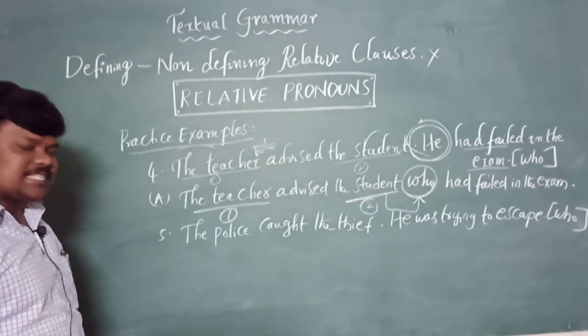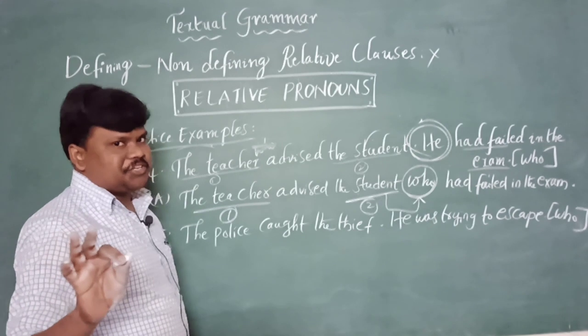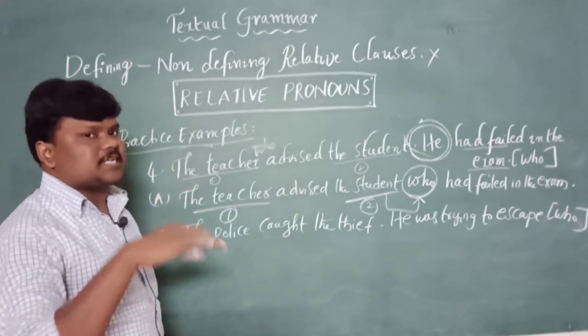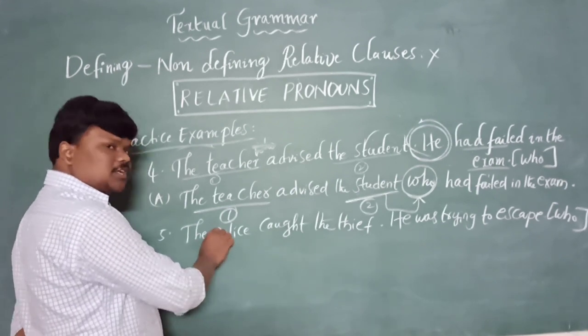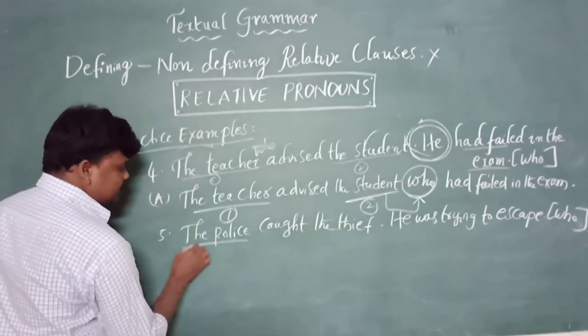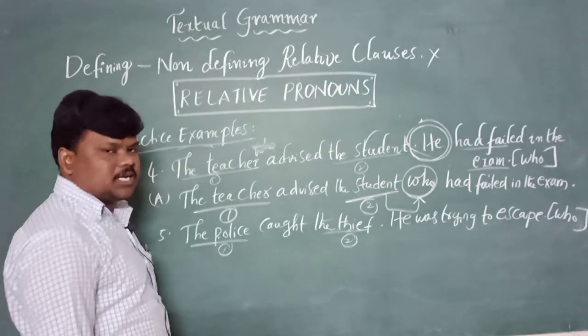Right? As I already told you, the first sentence is important. If it is who, which, that, concentrate on the first sentence. Read it once or twice and you will understand easily. The police caught the thief. Here, police is one person, thief is one person, two persons are there.